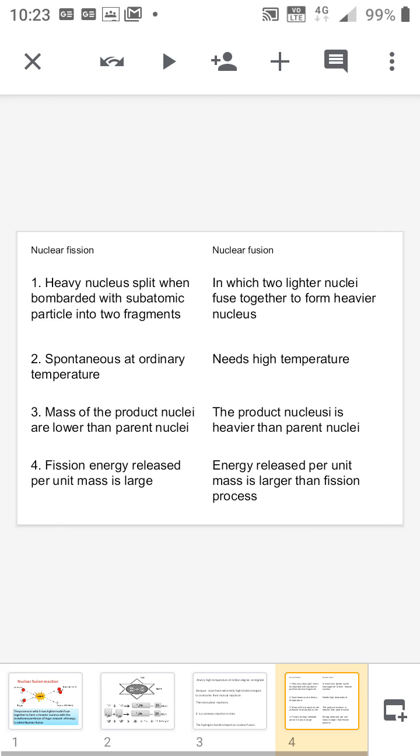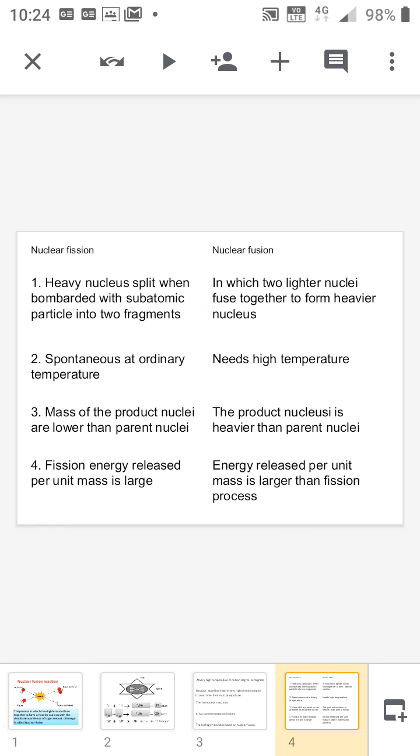Now we are going to the next important topic, that is the difference between nuclear fission and nuclear fusion reaction. It is a very important, frequently asked university question. First, the nuclear fission reaction: heavy nuclei split up into two fragments of lighter nuclei due to bombardment with subatomic particles.